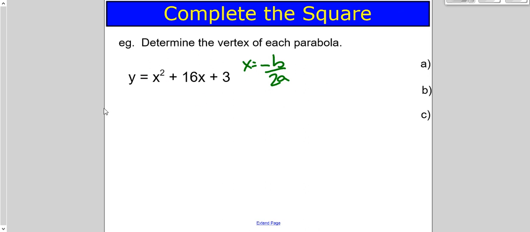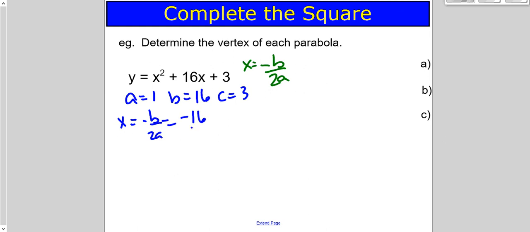So let's do this. A equals 1, b equals 16, and c equals 3. Now, x is equal to negative b over 2a. So in this case, negative 16 over 2 times 1, which is negative 8. And then my y value, wherever there is an x, I'm going to put a negative 8 in for it.